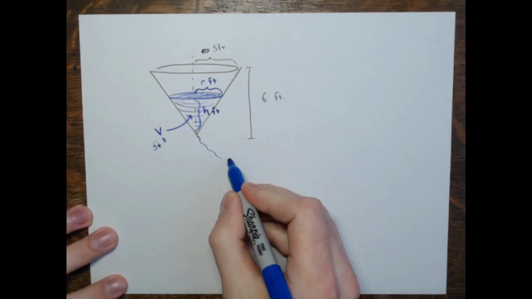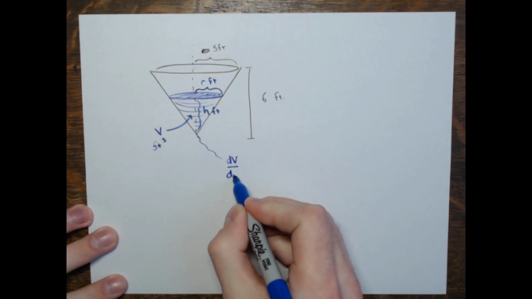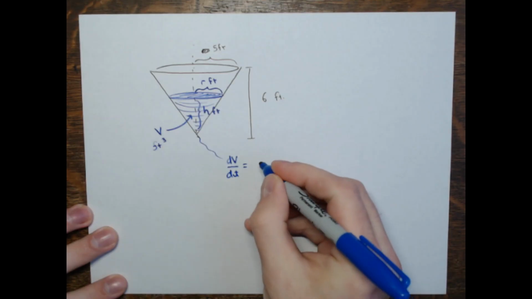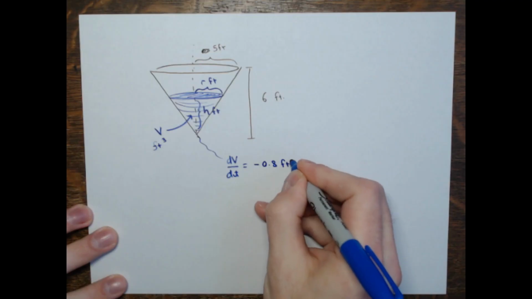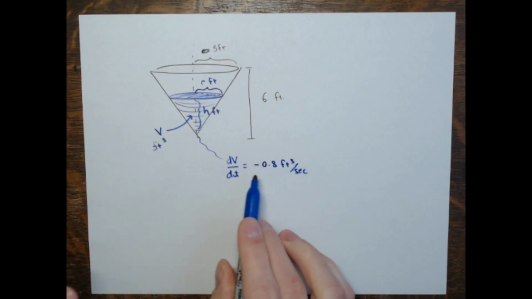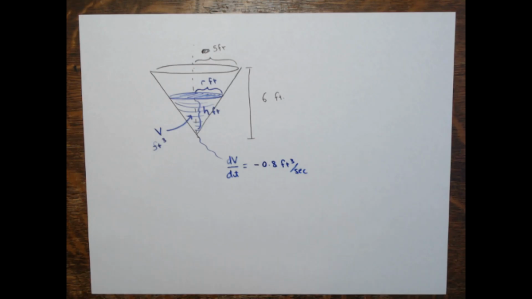And they told us that the water here is draining out, so dV/dt, the rate at which the volume is changing, is negative 0.8 cubic feet per second. We'll plug that in later, but again, don't use specifics till later.